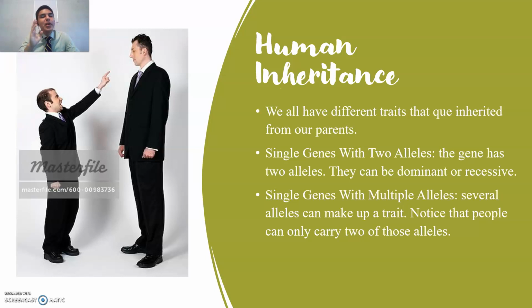So it's like a point in between. And of course, it is an example of single genes with multiple alleles, in which the alleles recombined in the gene that determines her eye color are going to be only two.